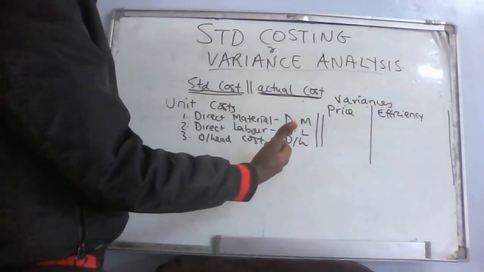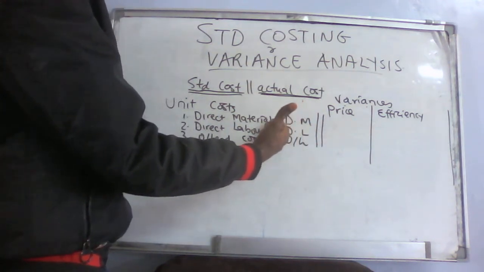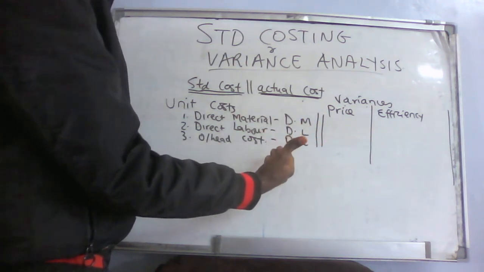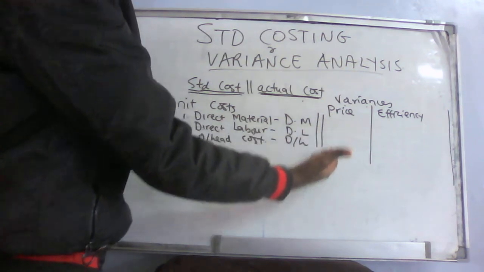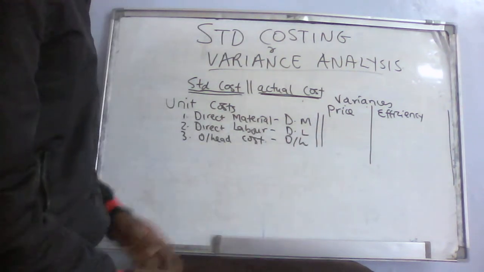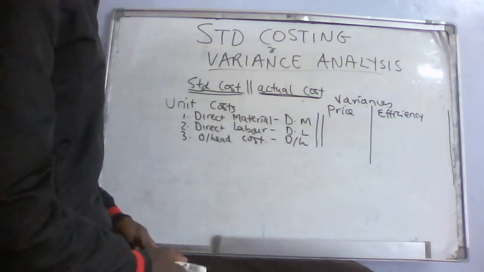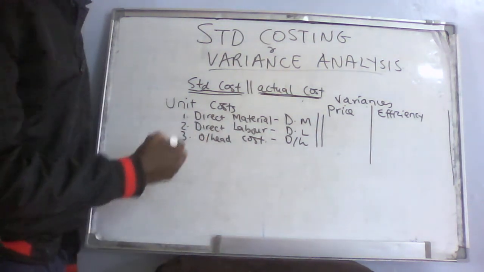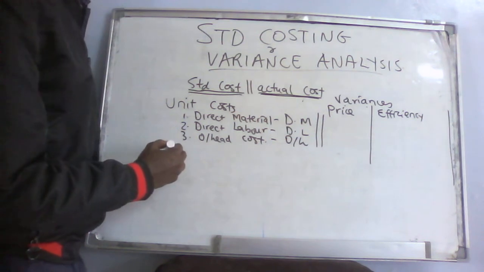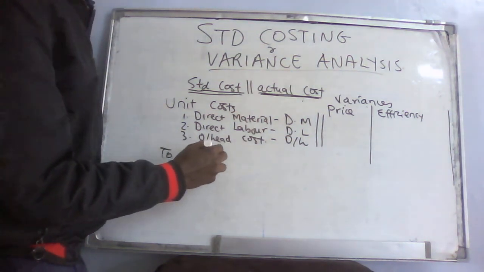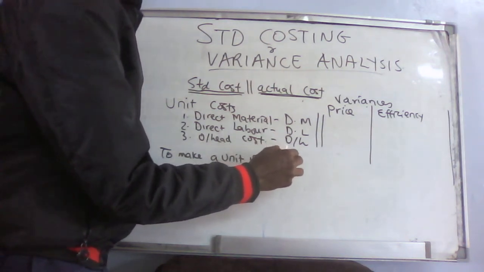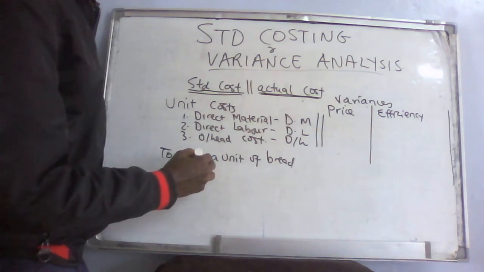If instead of spending 10 shillings per unit, we spent 13 shillings per unit, that one we're going to evaluate here. So let me give you an example now, so that we can get going. Suppose, like the example I'm giving of bread, suppose to make a unit of bread, we need 10 kgs.